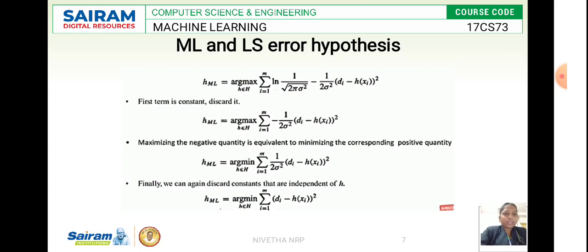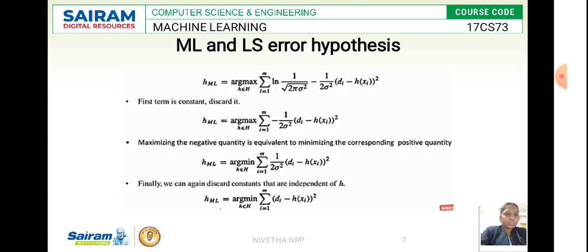First we obtain h of ML, the maximum likelihood hypothesis, which will be argmax h given the hypothesis, summation of i equal to 1 to m of the logarithm of 1 by square root of 2 pi sigma square minus 1 by 2 sigma square (d minus h of xi) the whole square, and in the first term you are discarding the constant.